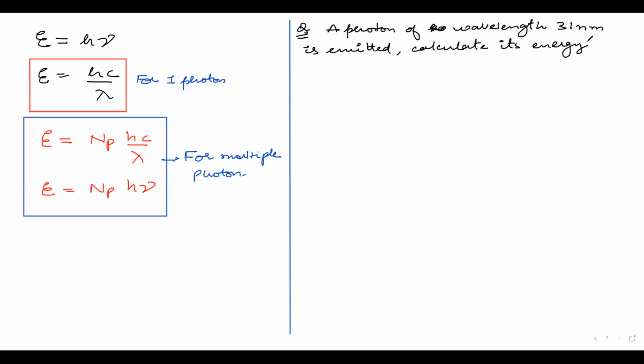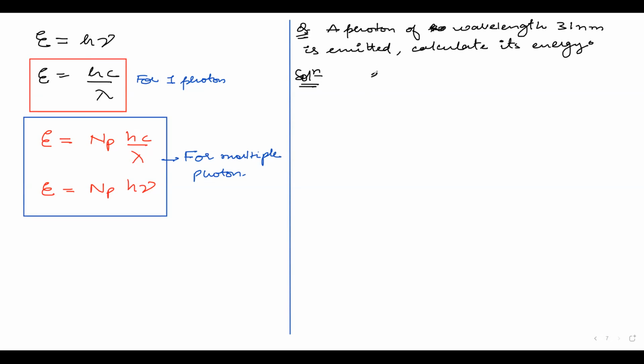Okay, calculate its energy. So which formula will we use? Hamza, which formula will we use? The blue box or the red box? Red, sir. Red box, right? Solution, it is easy.